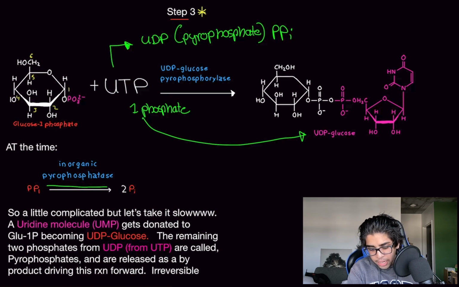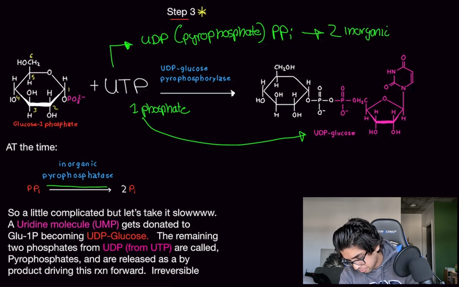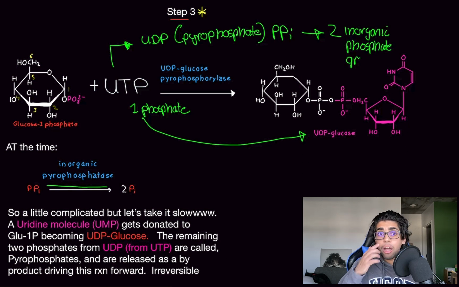Now here's what we're going to do. We're going to use an enzyme called inorganic pyrophosphatase. And we're going to basically turn this PPi, pyrophosphate, into 2 inorganic phosphate groups. We have now created 2 phosphate groups.